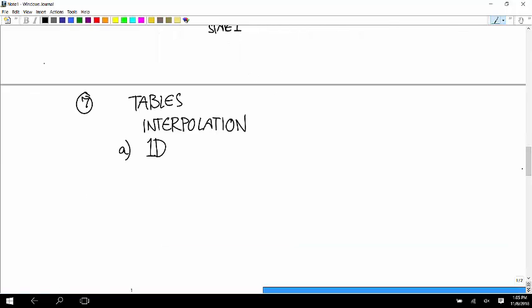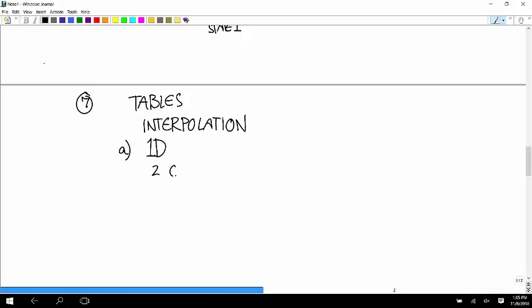When is it that you have to use 1D interpolation? I guess there are sort of 2 cases. The most common case is if you're at a saturation state, because at saturation, knowing the temperature or the pressure is enough. You don't need anything else.